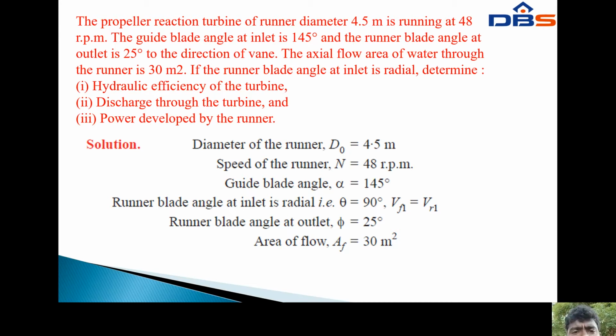The propeller reaction turbine runner diameter 4.5 meters is running at 48 rpm.